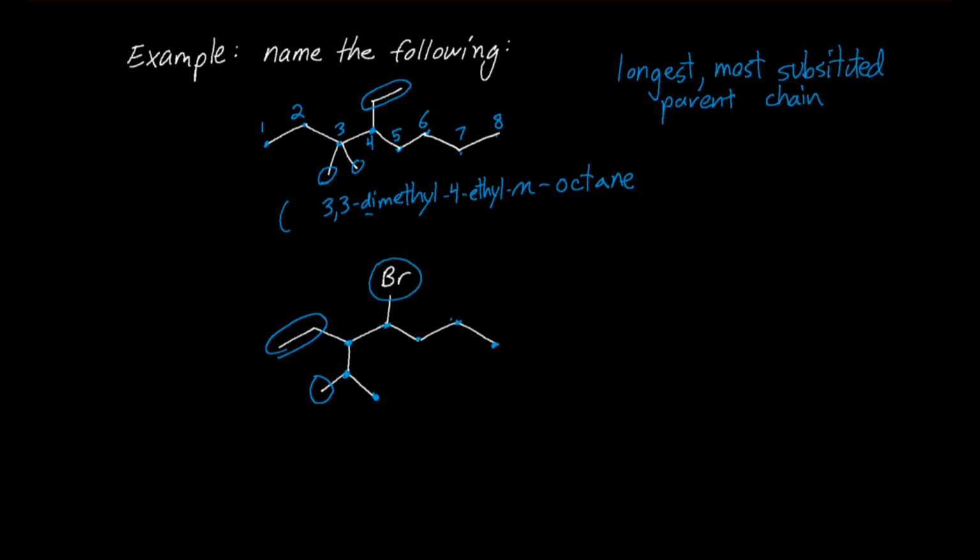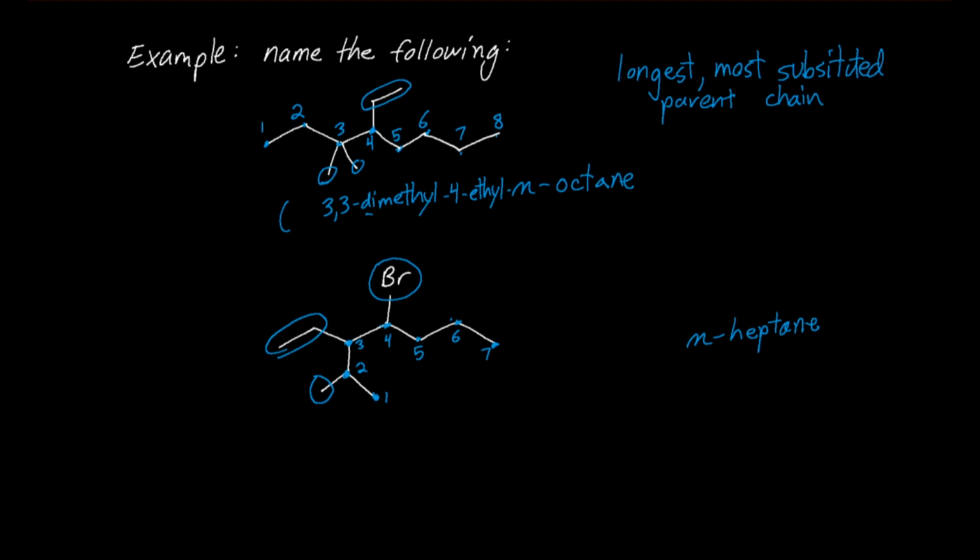It has 3 substituents rather than just 2 if I took the straight chain that is more obvious. So this has 1, 2, 3, 4, 5, 6, 7. It's an N-heptane. And numbering wise, I would go from down here 1, 2, 3, 4, so that I have substituents 2, 3, and 4 rather than 4, 5, and 6. So 5 and 6 are over here.